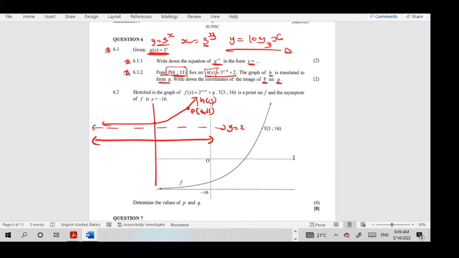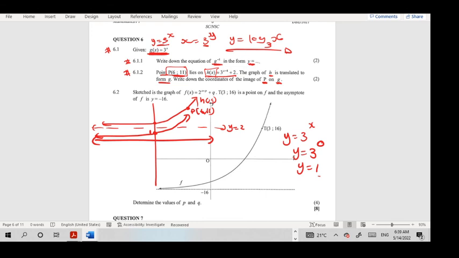If we say y equals 3 to the power of x and we want to find the y-intercept, we let x equal 0, so y equals 3 to the power of 0, which is 1. So it's going to pass at the point (0, 1). Let's say this is 1, so the coordinate would be 1 for the y, 0 for the x. So it's going to move something like that, going upwards.